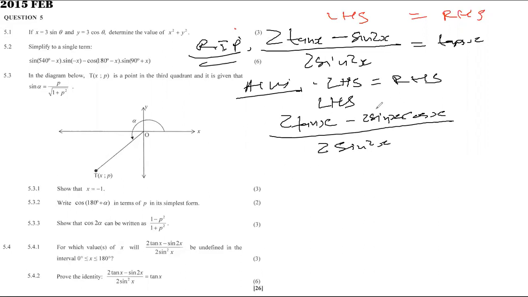And then you can see that you can actually factor out the 2, okay? So if you factor out the 2, you have 2. Maybe let's also simplify that tan x and have sine x over cos x minus sine x dot cos x.